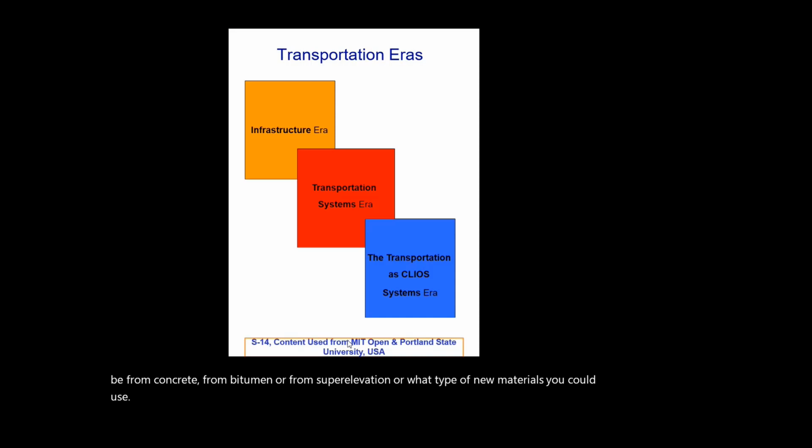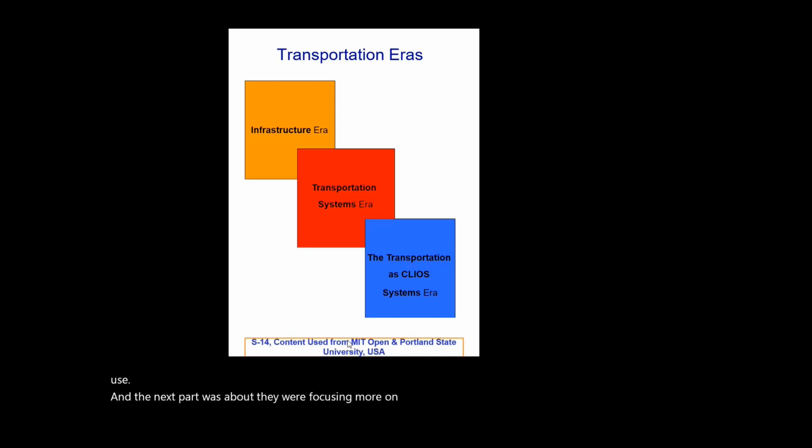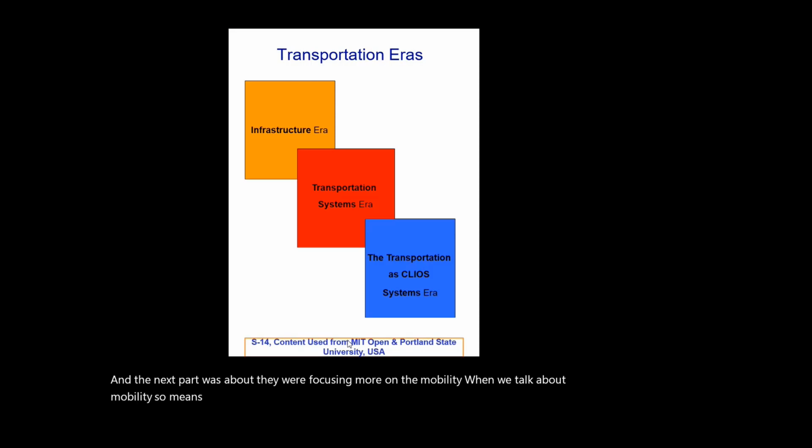The next part was that they were focusing more on mobility. When we talk about mobility, it means they were moving from origin to destination for the purpose of economic growth, jobs, and so on.